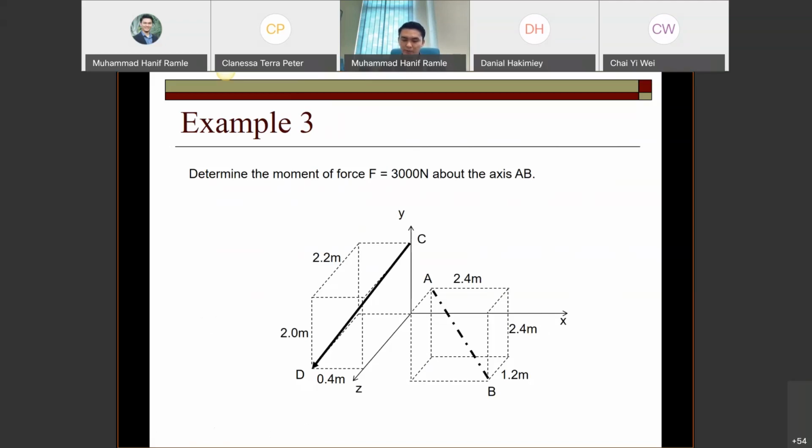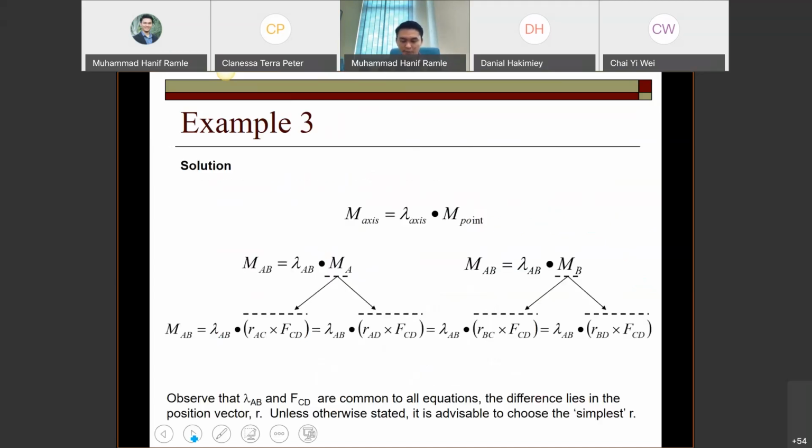You have to use this formula, lambda axis dot M, where M should be MA or MB. So let's see the solution.